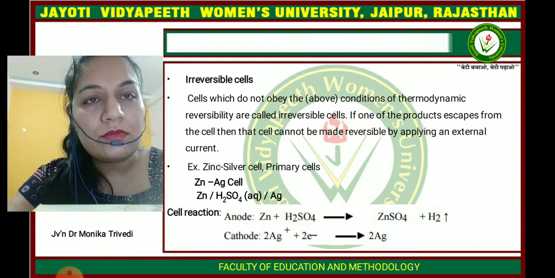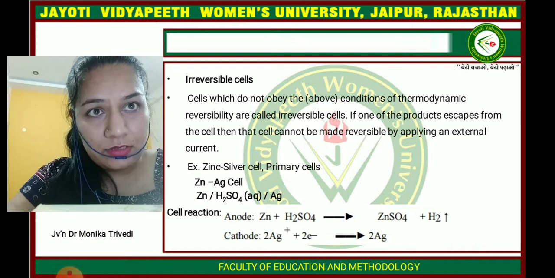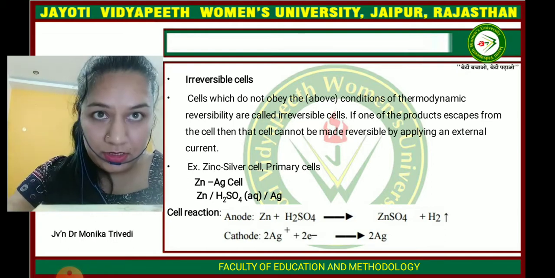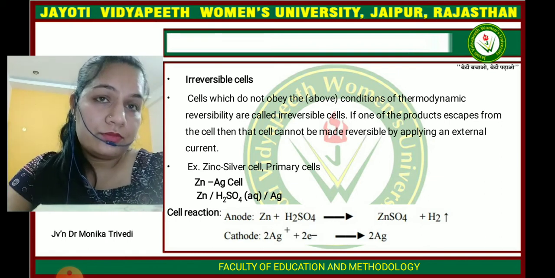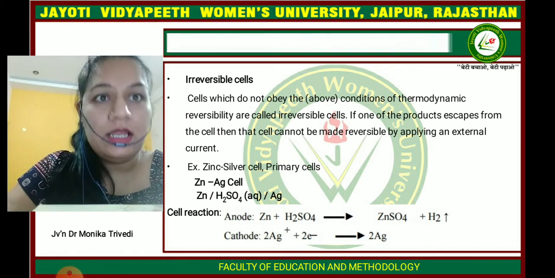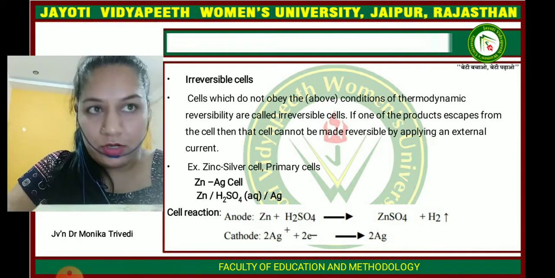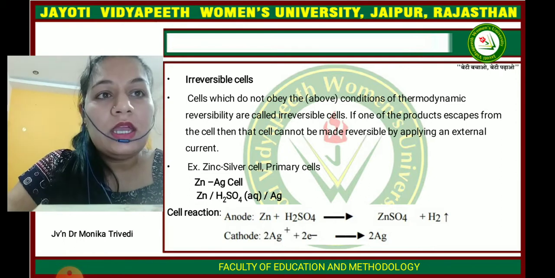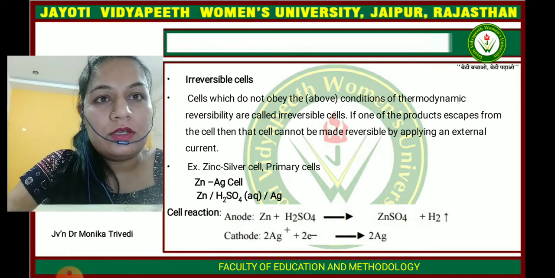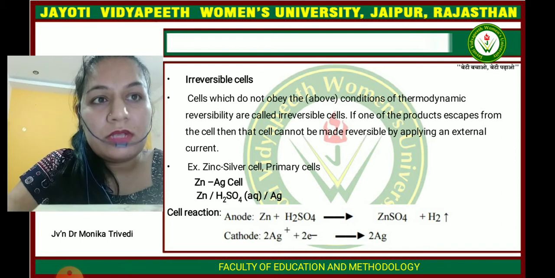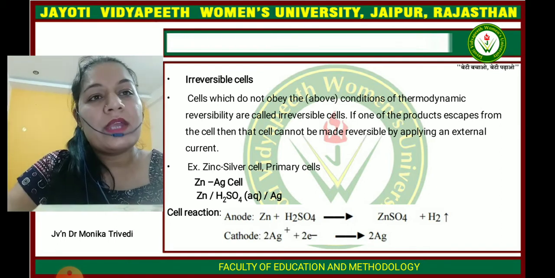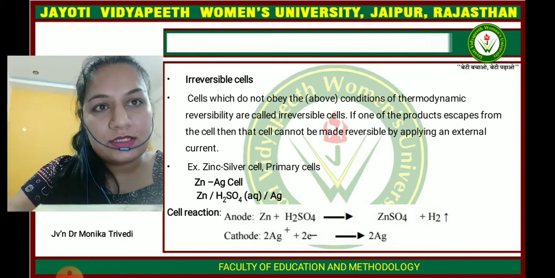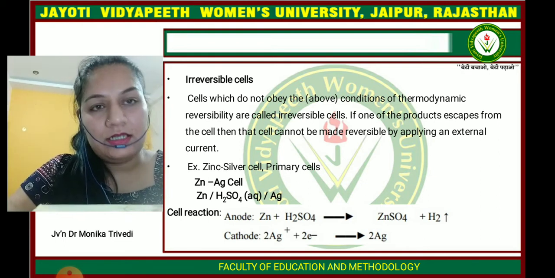What is an irreversible cell? Cells which do not obey the above conditions are known as irreversible cells, if one of the products of the cell cannot be reversed by applying an external process. For example, take the zinc silver cell, a primary cell.